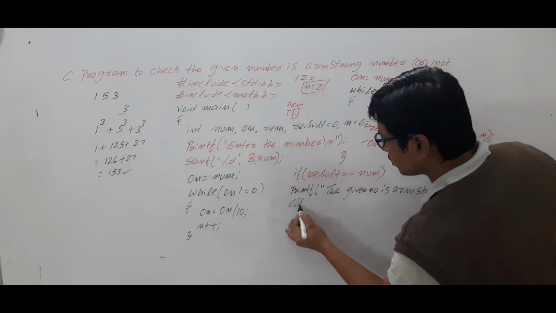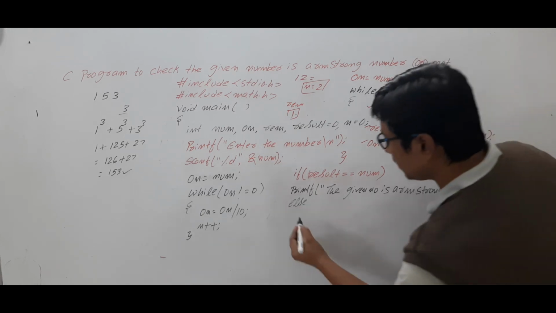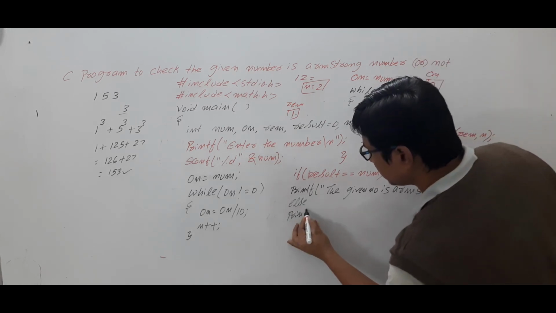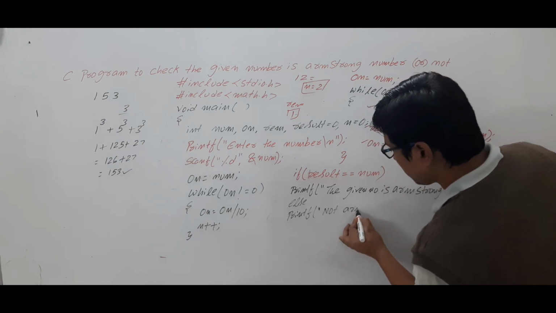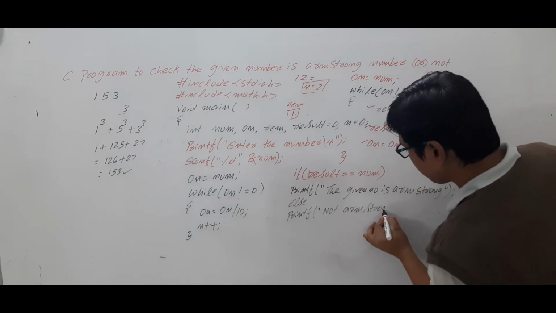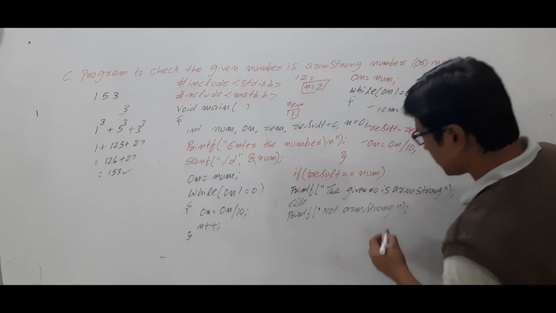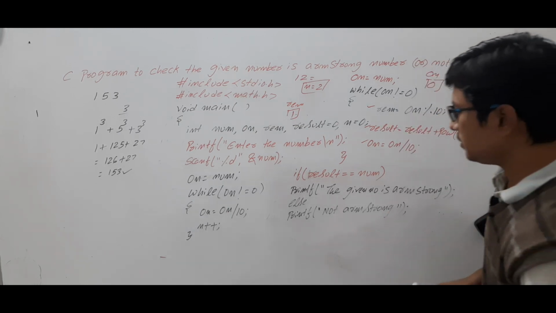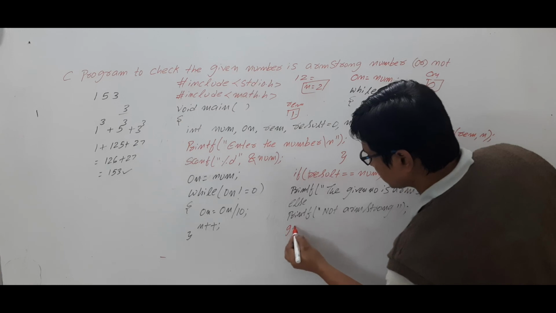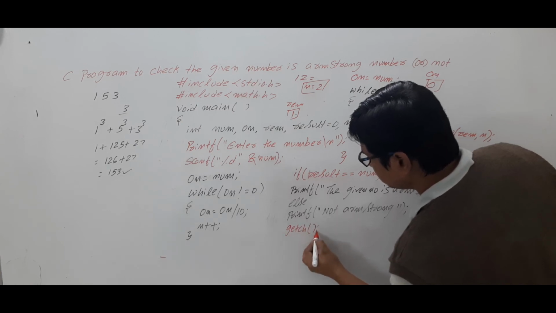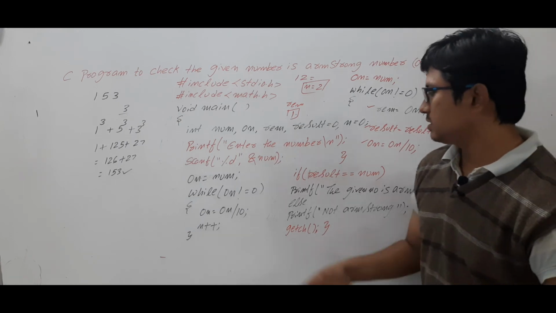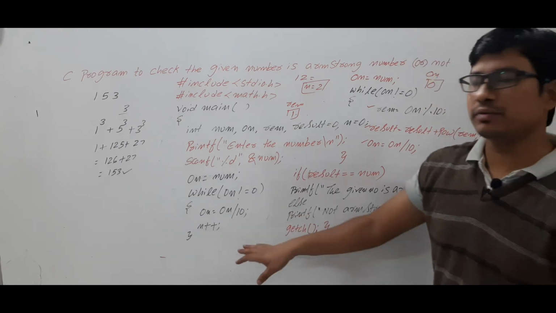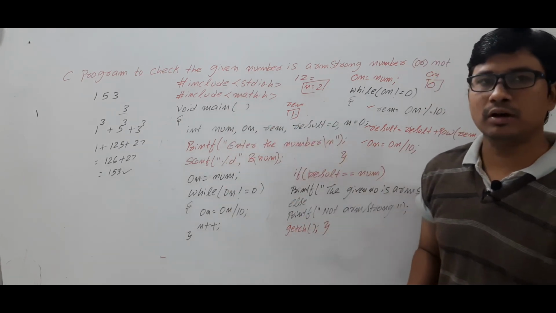Else, if it is not equal to num, then you can say printf not Armstrong. Okay, then you can write getch and you will close it.